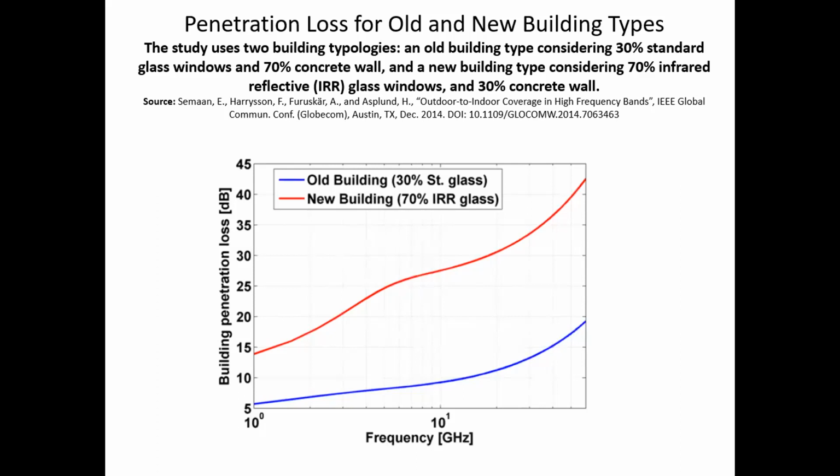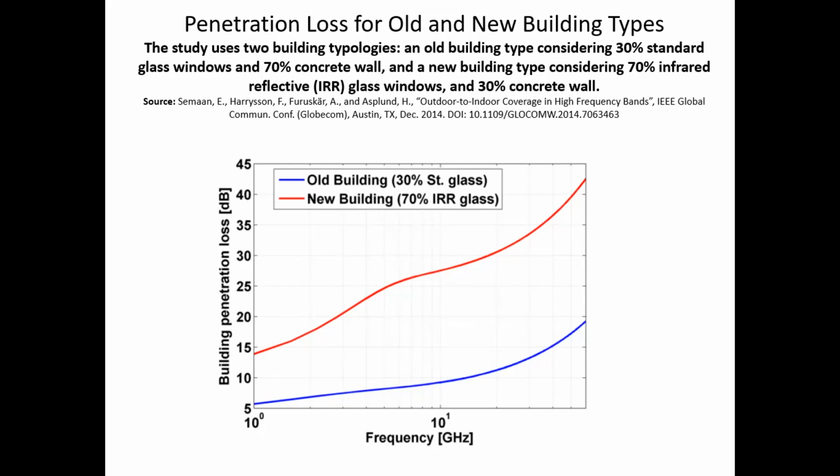The windows can allow more penetration of the energy of the signal. However, although you have large windows, they don't use clear glass, they use IR glass. So the overall effect has higher penetration loss on the new building side.